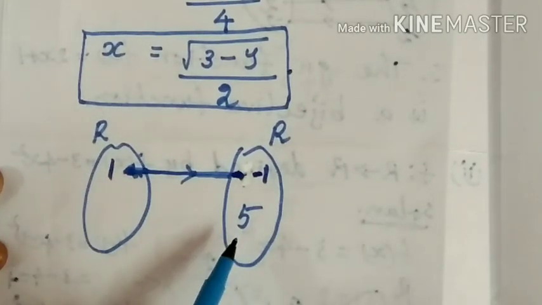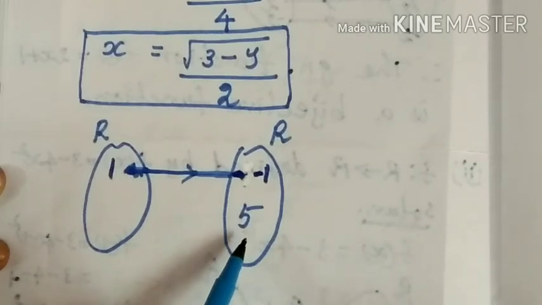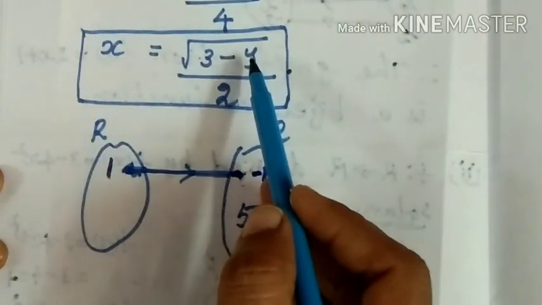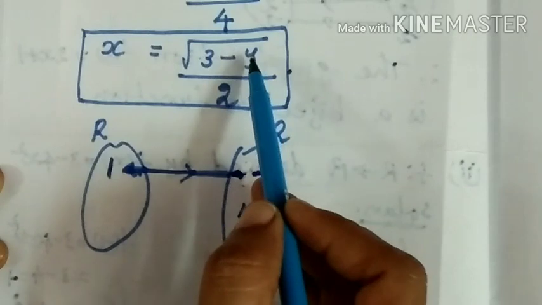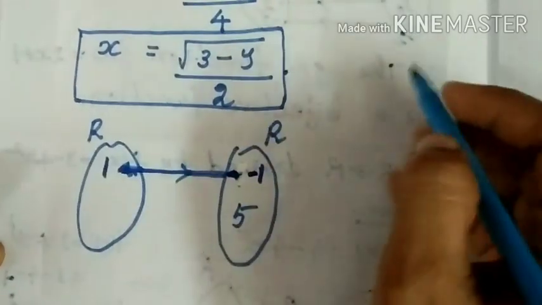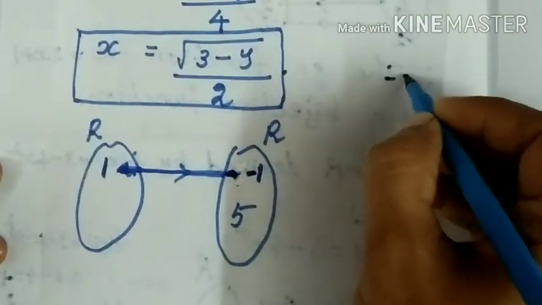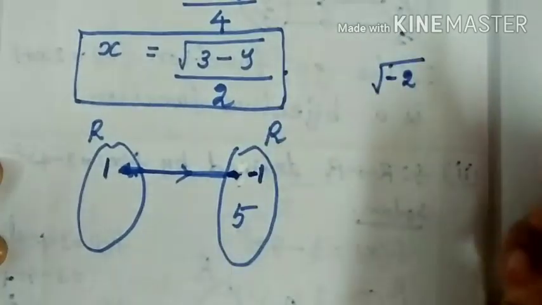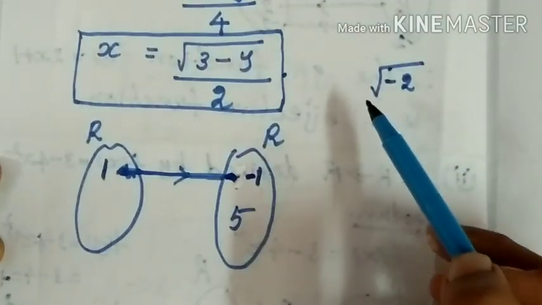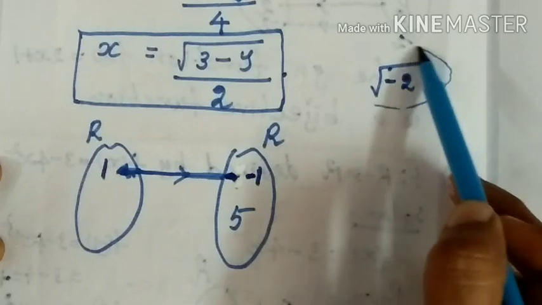So next I will consider the element 5. Then here you apply 5, which means 3 minus 5 we get minus 2. That is root of minus 2. Does this belong to real numbers?